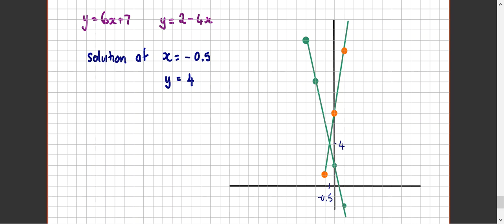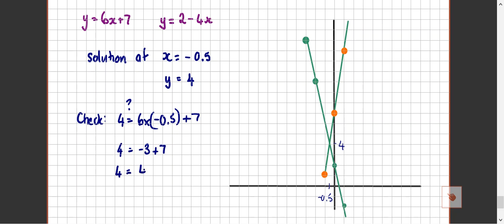But in this one, because my graph paper isn't particularly accurate because it's only the bigger squares, my check would be all important. So I would be going, is 4 equal to 6 times negative 0.5 plus 7? That's the question. So I've got 6 times negative a half is negative 3. Negative 3 plus 7 is indeed 4. And then the other check would be with the other one.